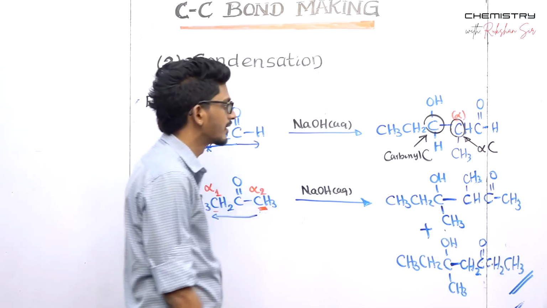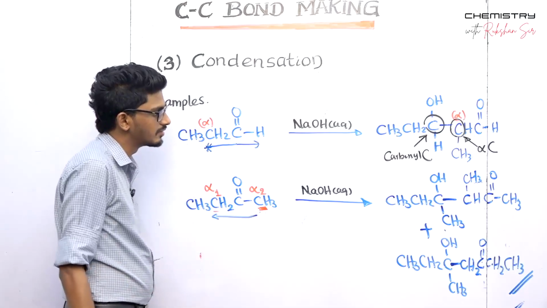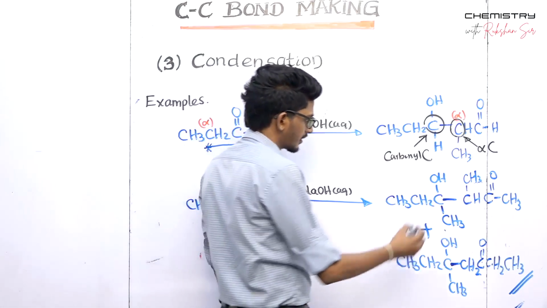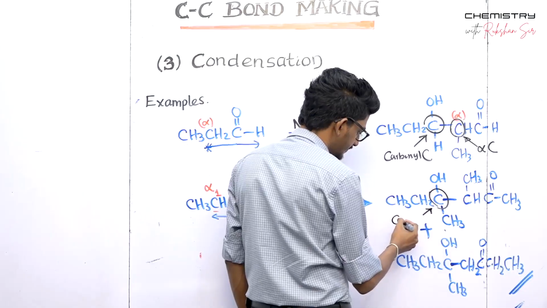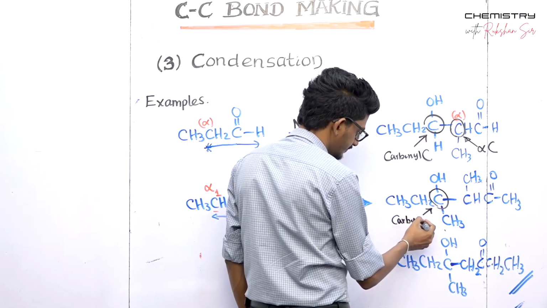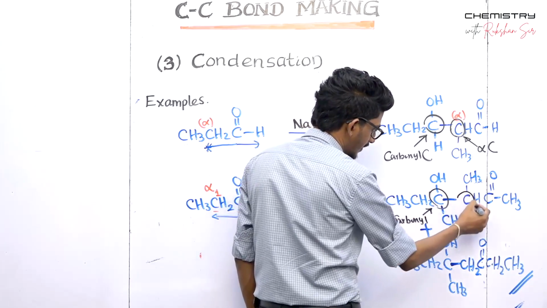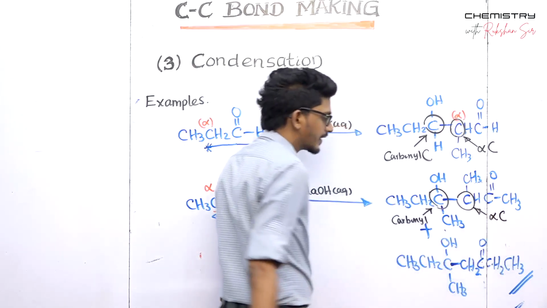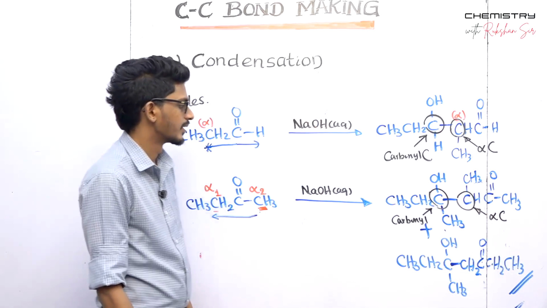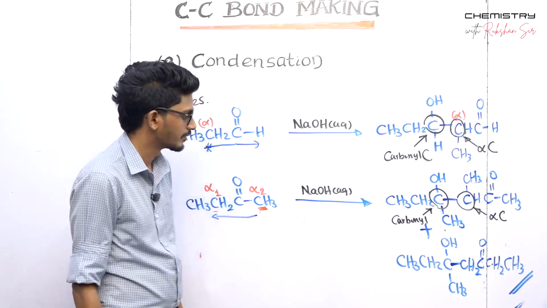So carbonyl carbon and the alpha carbon, that is the connectivity in this case. This one is a carbonyl carbon, and this one is the alpha carbon. See, the connectivity is supplied by the carbonyl carbon and alpha carbon, right?